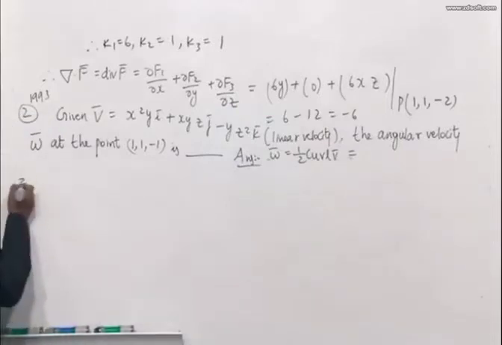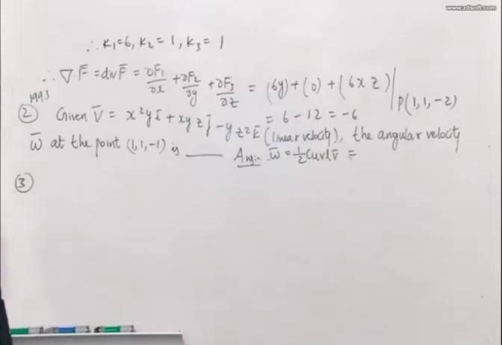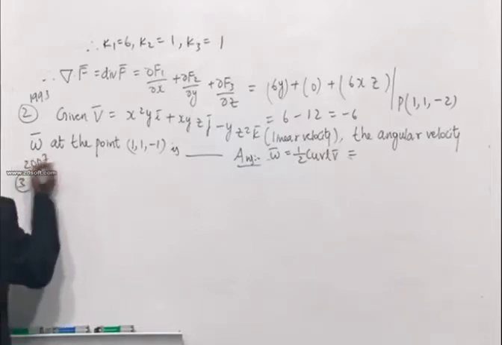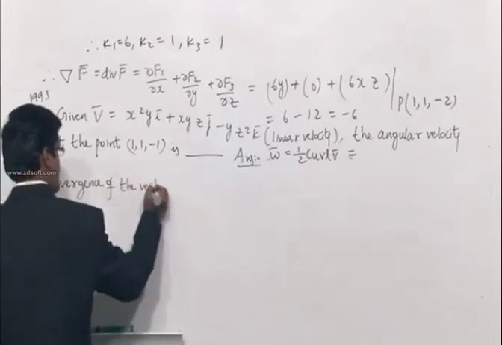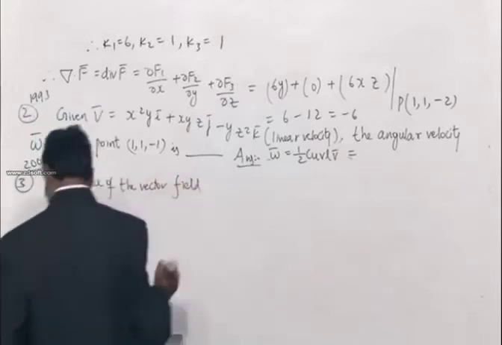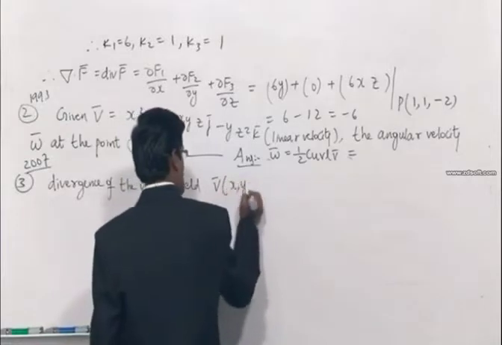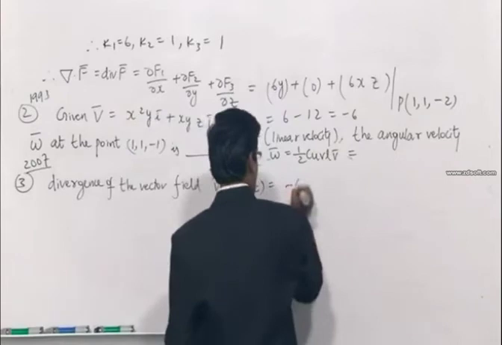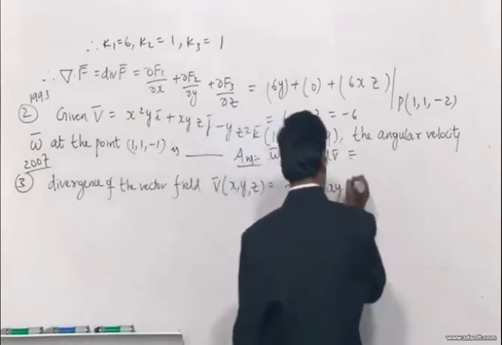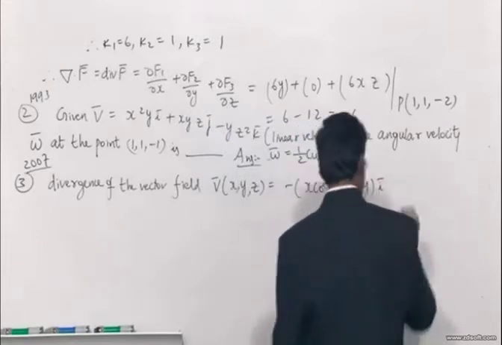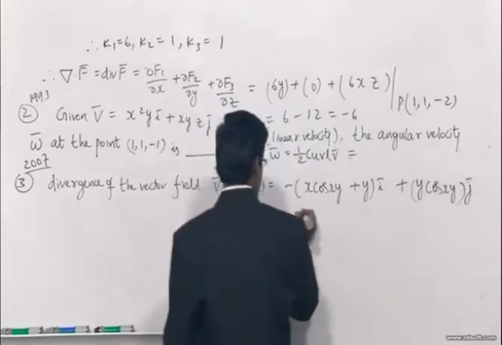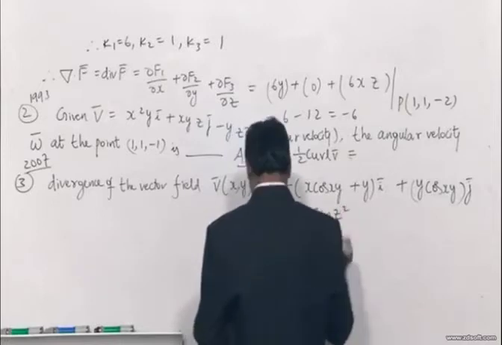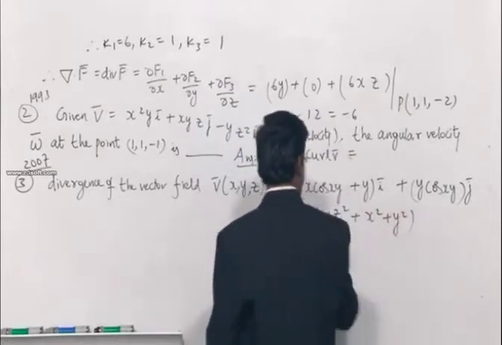Three. (2007) Divergence of the vector field V bar of xyz is equal to minus x cos xy plus y i bar plus y cos xy j bar plus sin z square plus x square plus y square k bar.